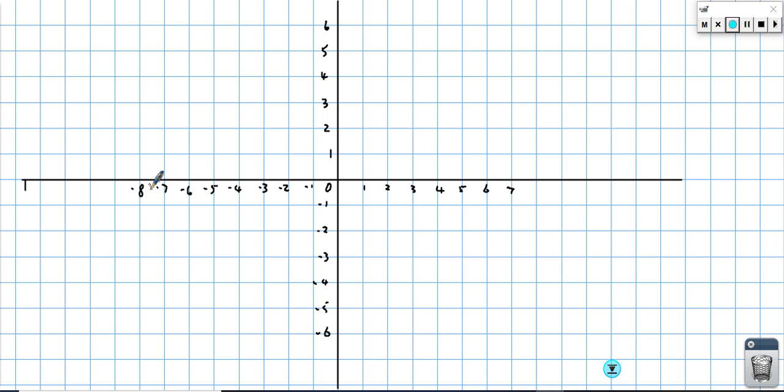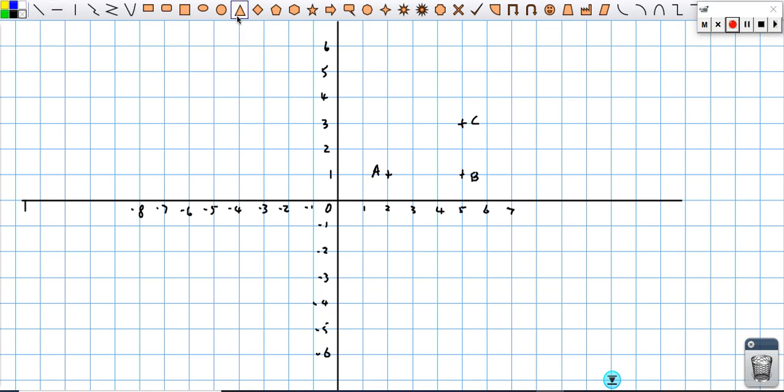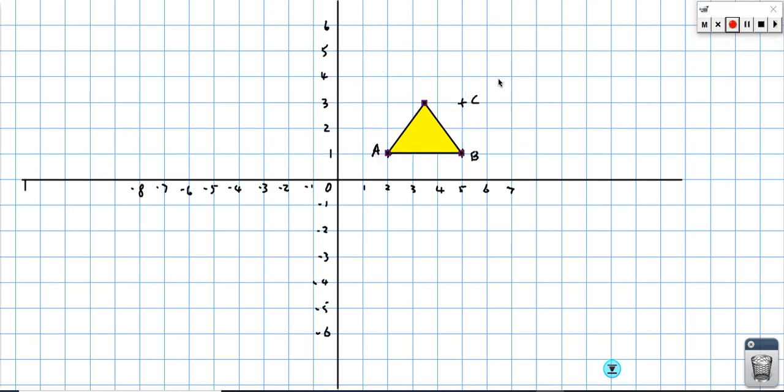Okay, so our triangle: A is 2, 1, B is 5, 1, and C is 5, 3. So that's our triangle. Let's draw the triangle. That's our original triangle ABC having those coordinates.